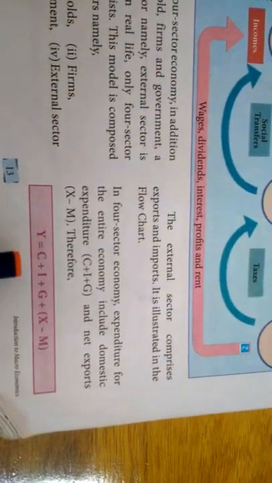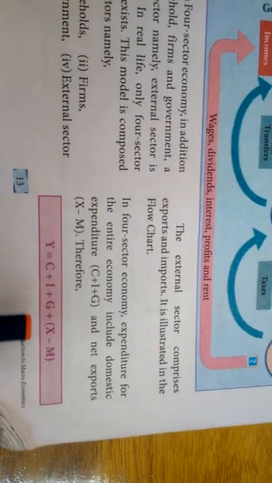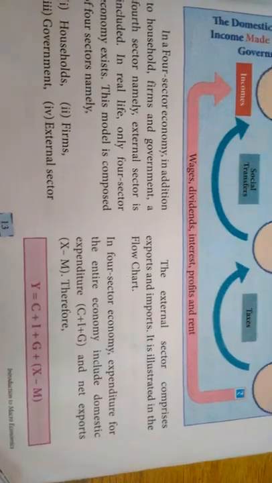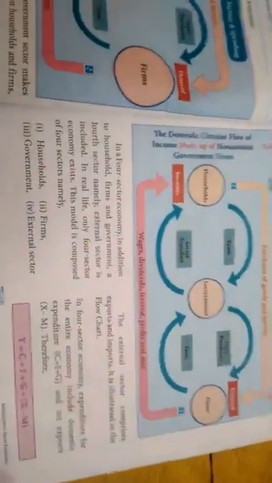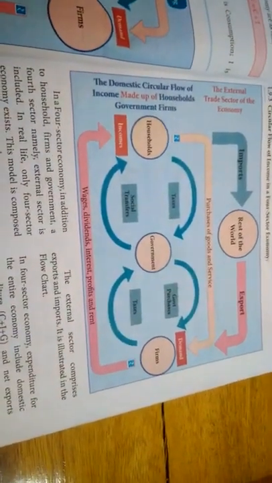So income is equal to consumption expenditure plus investment plus government expenditure plus export minus import. Then we get the national income by using the four sector circular flow of income.